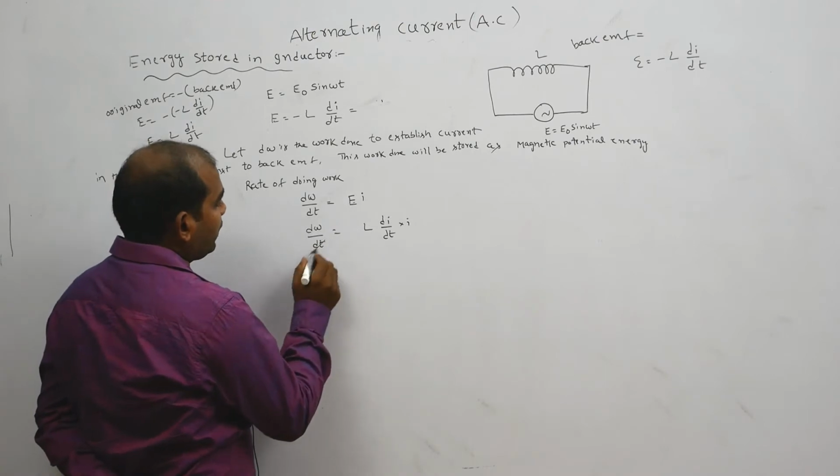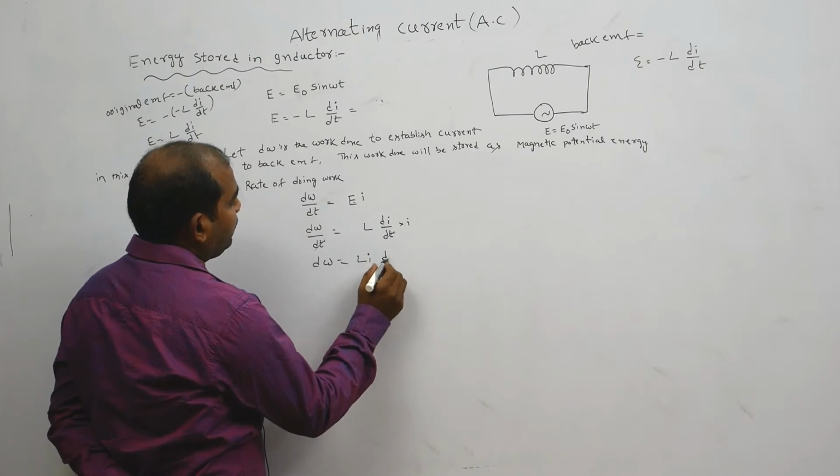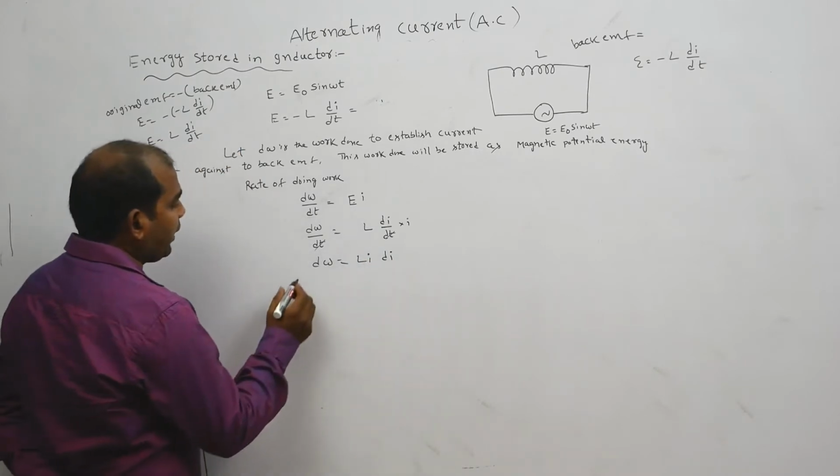Then dt on both sides gets cancelled, so dW is equal to L i di. Integrate on both sides.